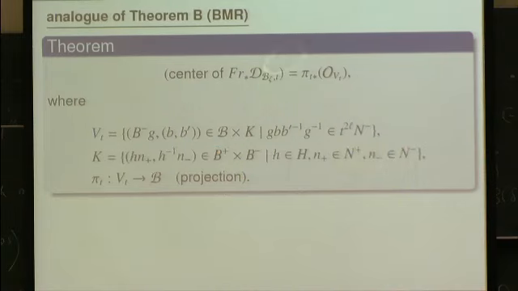First of all, I want to consider the center of this algebra. We consider modules over this algebra, but we need to know the center of this algebra. And in this case, the center of this algebra is isomorphic to the ring of functions on some variety, Vt.